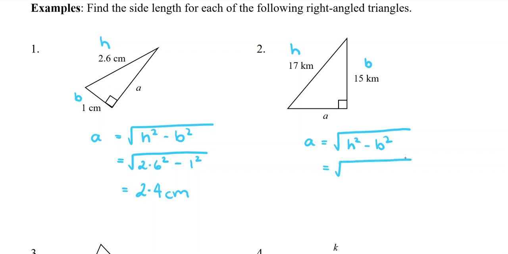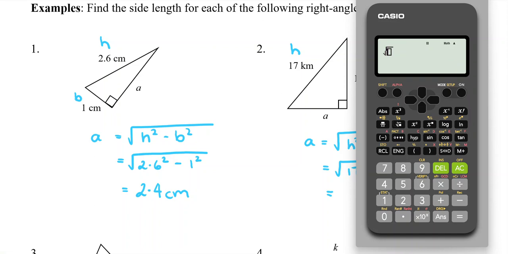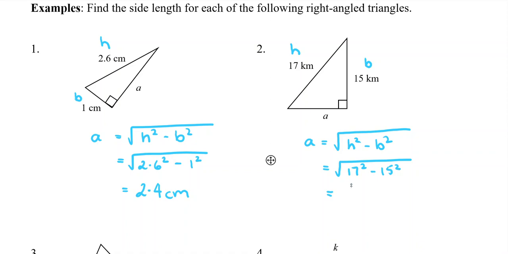Big square root 17 squared minus 15 squared. Type it in. Oh, another nice exact answer. Where are all our decimals gone? All right, so it's equal to 8 kilometres.